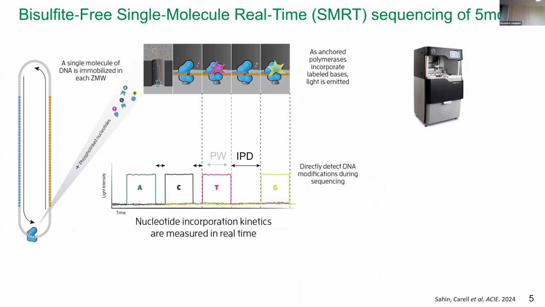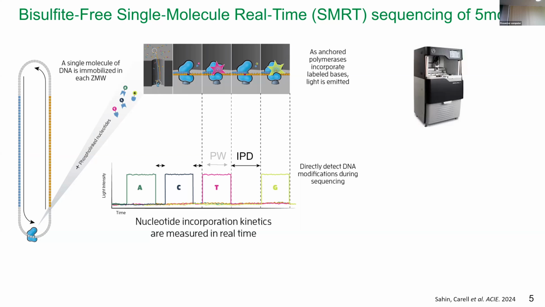With this PacBio sequencer, you convert your genetic material to this circular structure. In these little wells, these zero-mode waveguides, there's a little polymerase sitting at the bottom, which goes round and round the circular structure. So you have a really high multiplicity, which gives you really high accuracy and precision of your sequencing information. When the polymerase incorporates a nucleotide, you get a fluorescent signal.